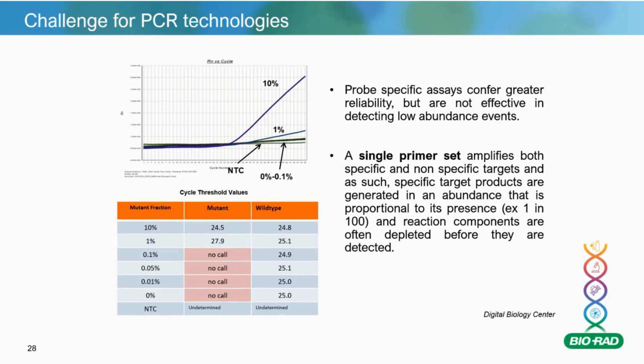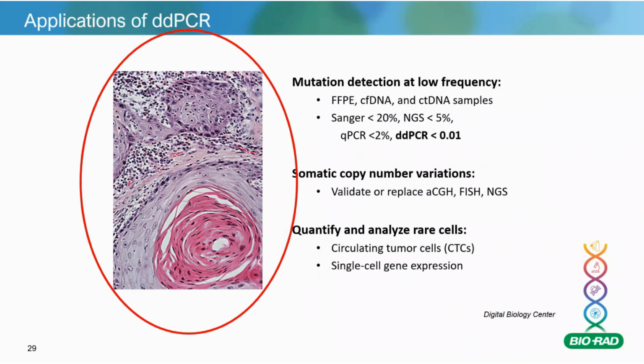Now, what's going to happen is your primers are all going to bind and your probes are going to bind, but because your detection of your tumor is so limited, 1 in 100, you're never actually going to get any results because your reactions are generally depleted before you're even able to read any calls. So it just shows you again how much higher sensitivity in using ddPCR is for this.